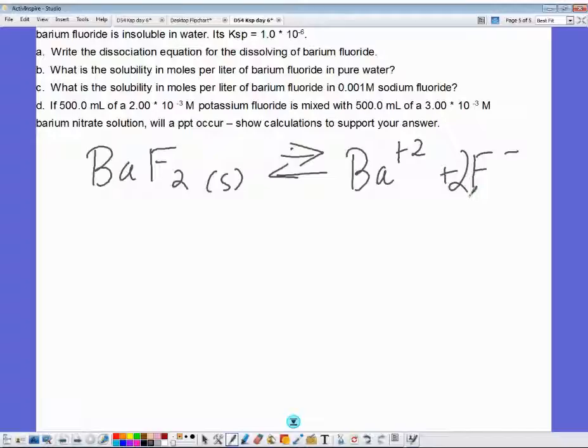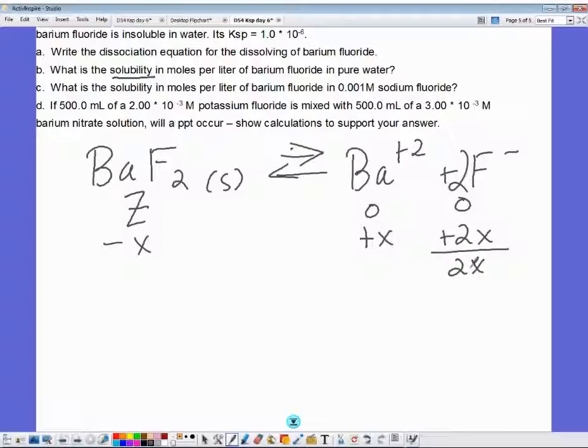Now, to answer B, to find the solubility, all they're really asking me to do is find x. Now, I don't have to do the ICE chart, but the ICE chart might help. Z, 0, 0, minus x, plus x, plus 2x is where I'm going to figure out what my Ksp is equivalent to, because Ksp means at equilibrium.